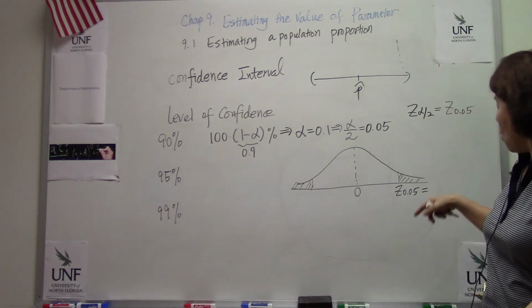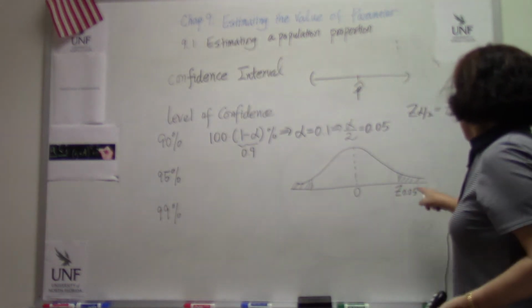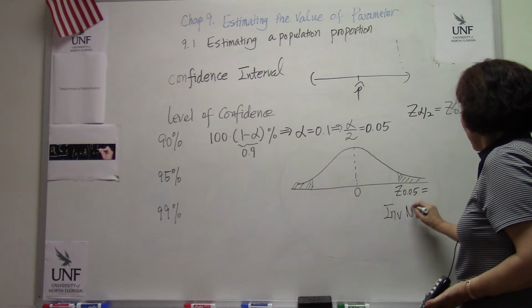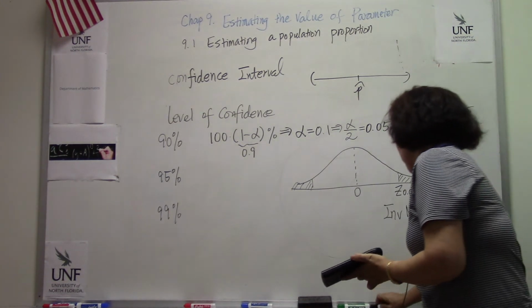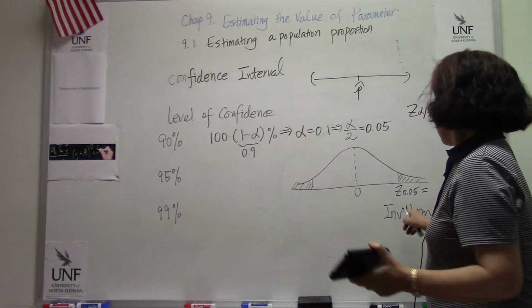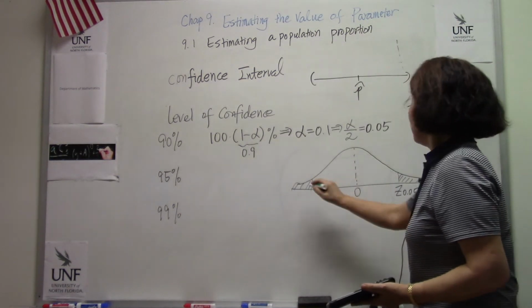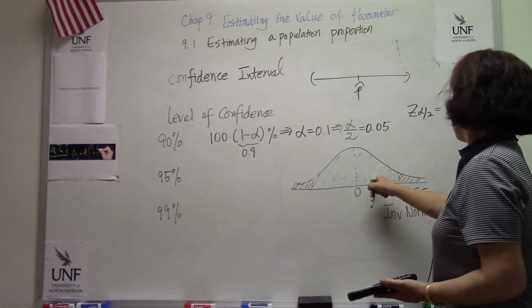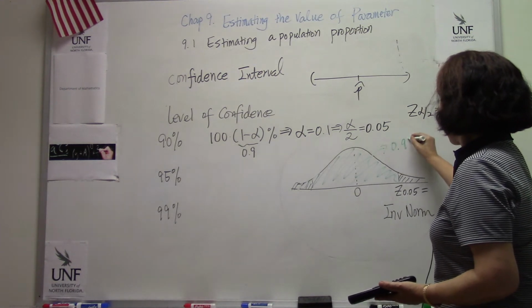You can go to the table, or we can use invNorm on the calculator. But invNorm asks for the area first, and the area is measured from the left end, so the area is 0.95.